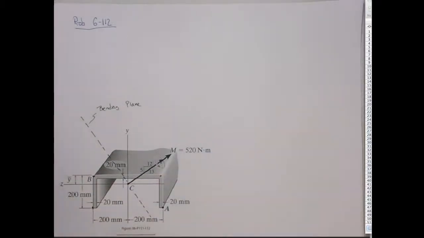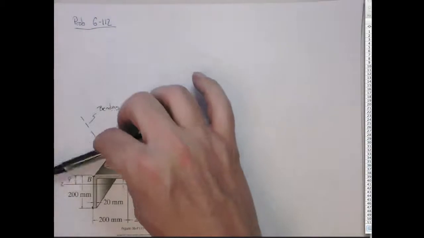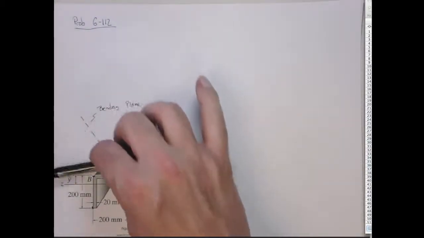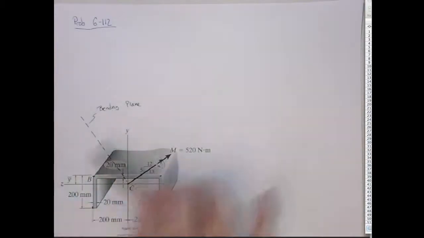And actually, since the bending plane is sort of this way, it seems logical that the neutral axis, which we haven't quite determined, will not necessarily be perpendicular to this, but it seems plausible that it would be one of these corners and not one of these ones. These will be the intermediate stress corners.